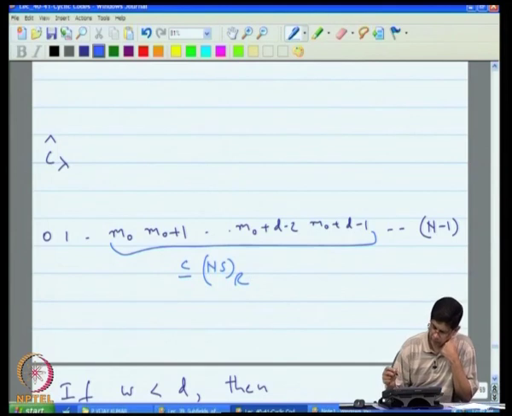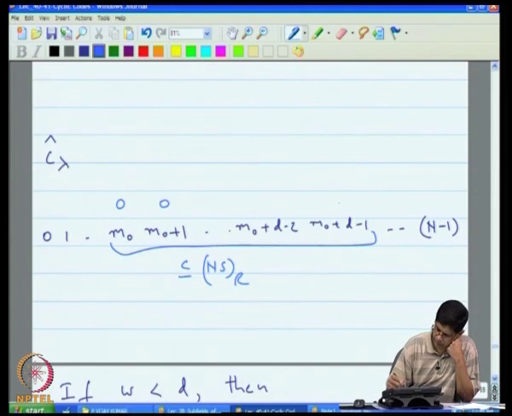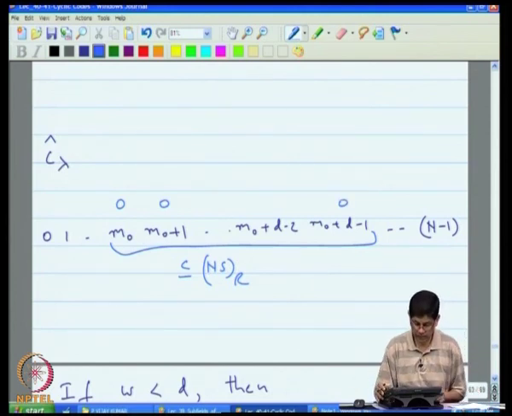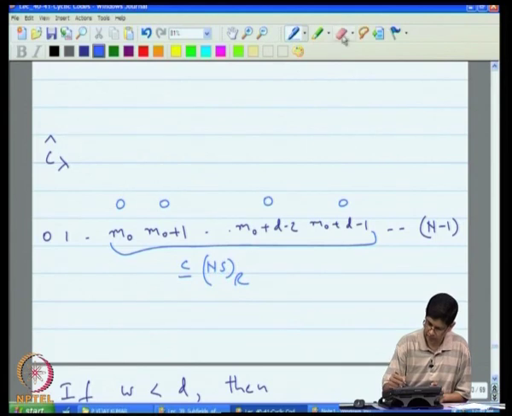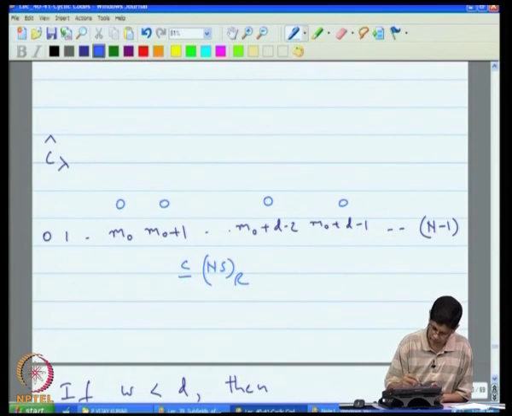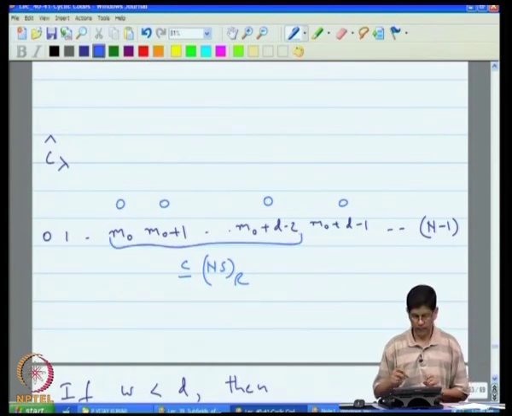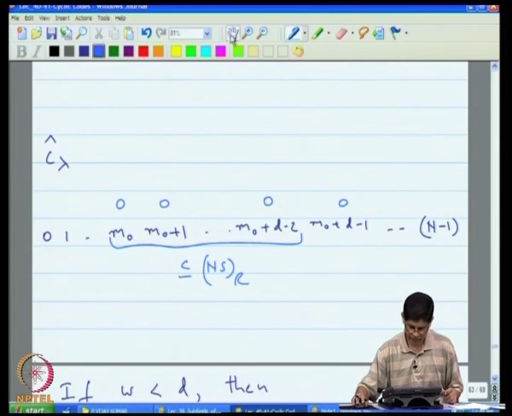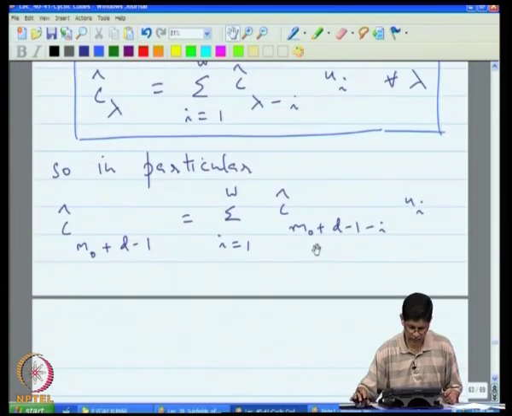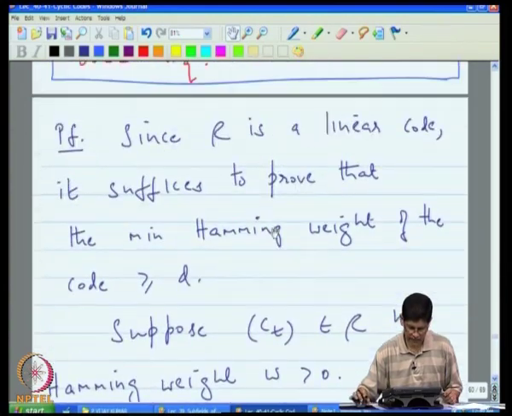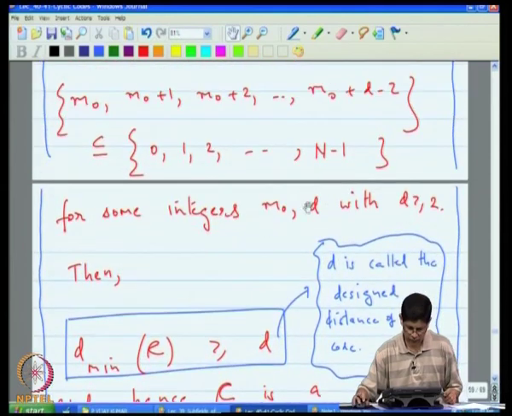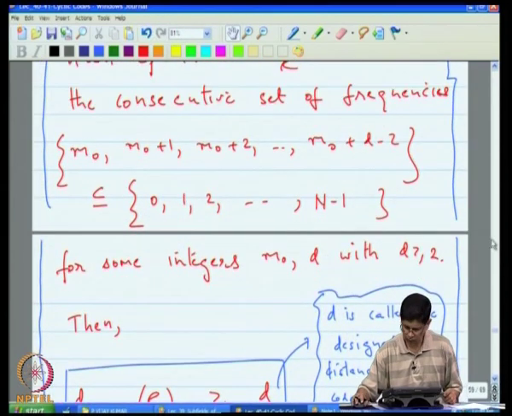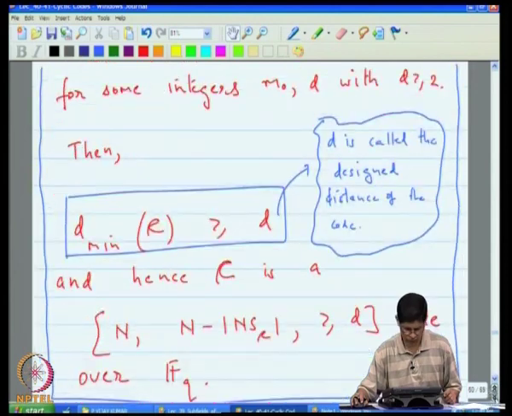Because of that, you are going to see a 0, a 0 and a 0. You are going to see d up to here. Yeah. So, sorry about that. The string of consecutive zeros only runs from m0 to m0 plus d minus 2. Let us go back and check that. So, you see that it goes from m0 all the way up to m0 plus d minus 2.